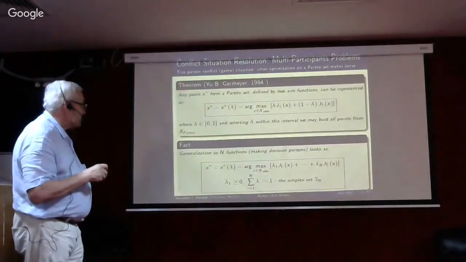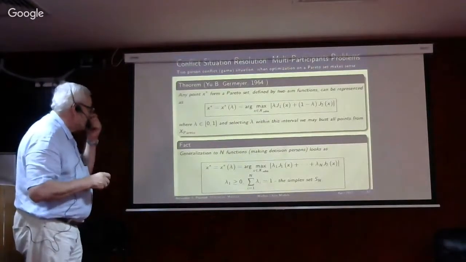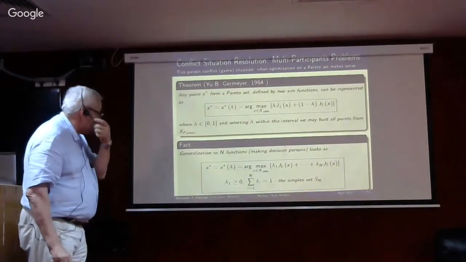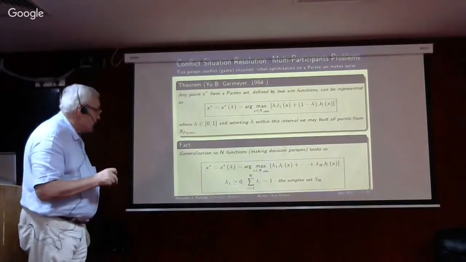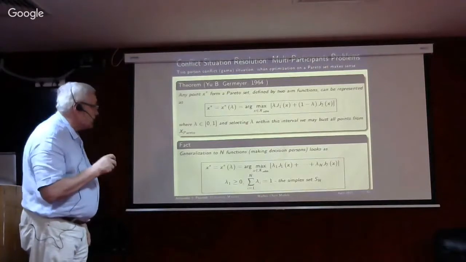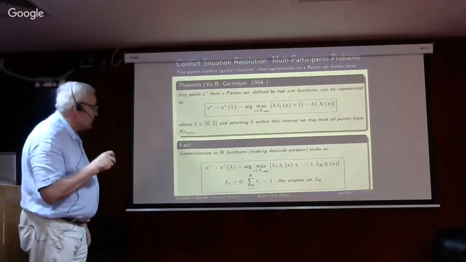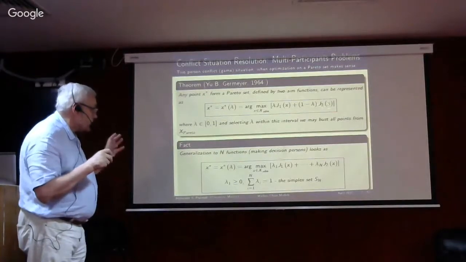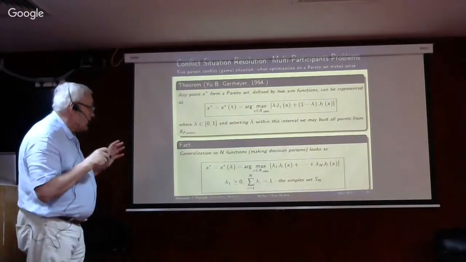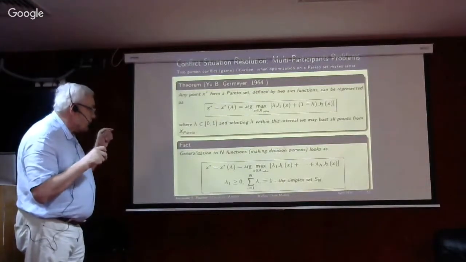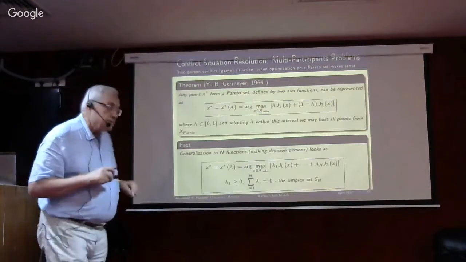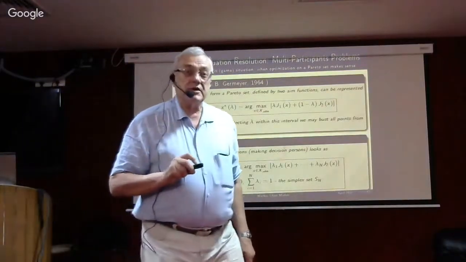Yuri Germeier proved the following theorem: if you take a linear combination of two criteria, with lambda between 0 and 1, and for fixed lambda you find the maximum, you obligatorily obtain one point of the Pareto set.